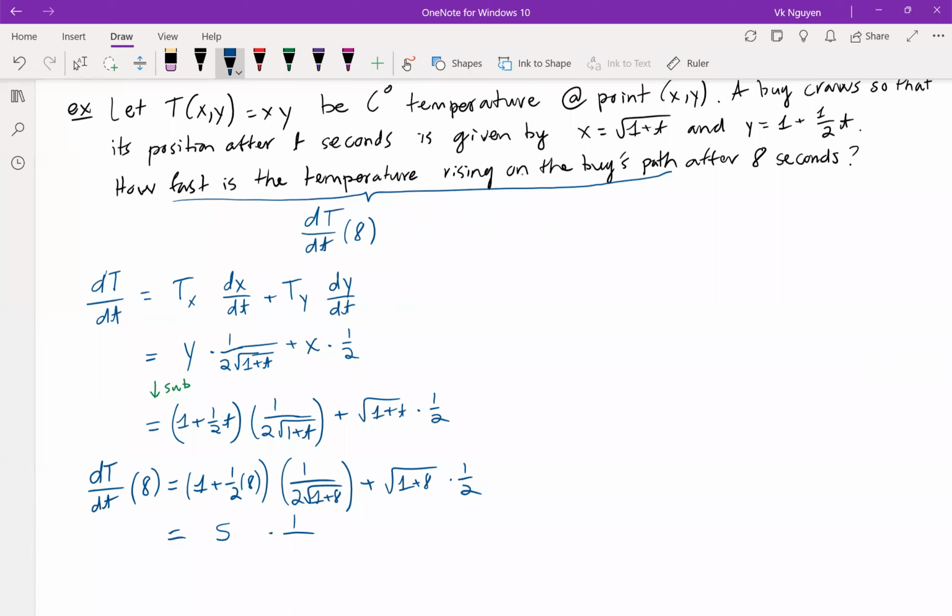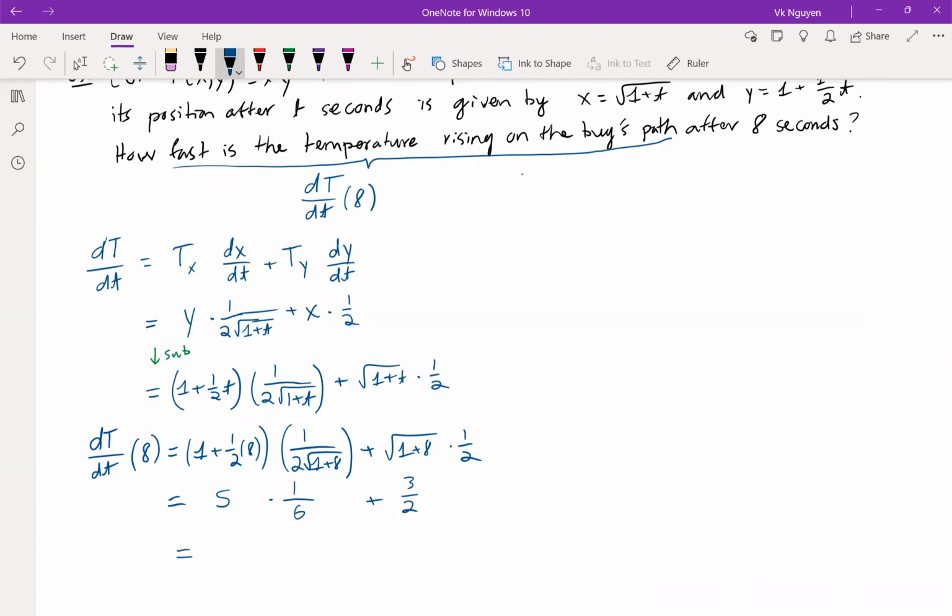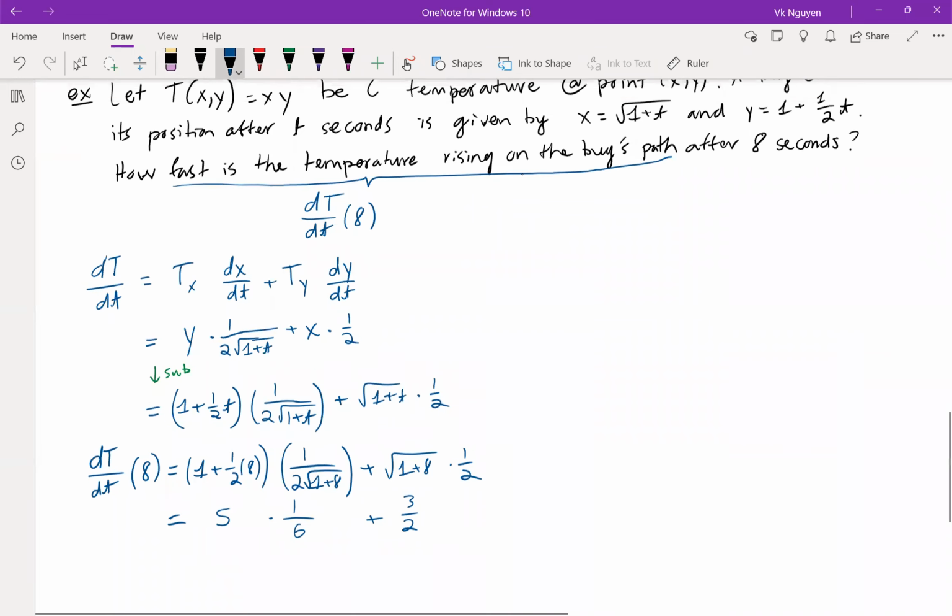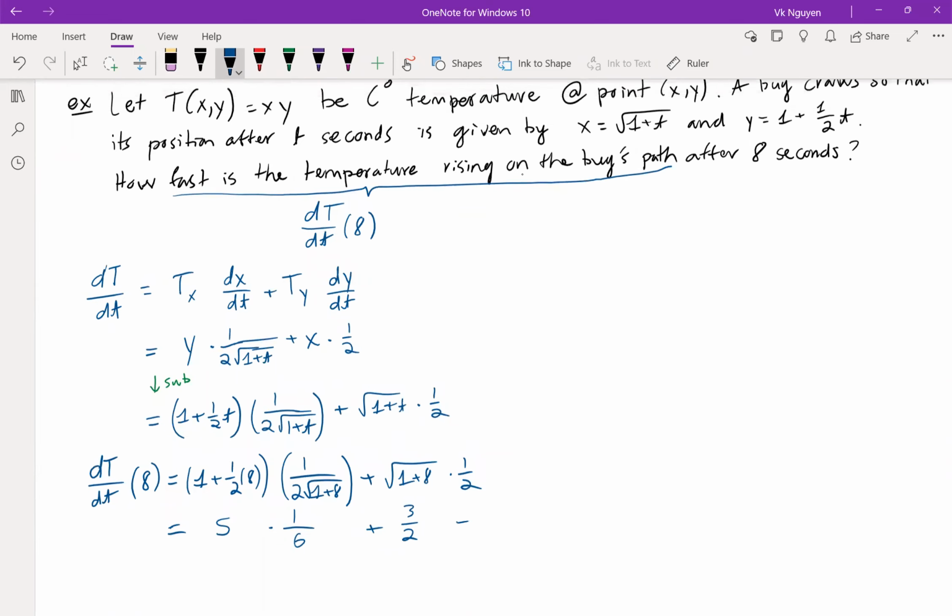We have a 1 over 2 times 3, so that's 3 over 2. So 5 over 6 plus 3 over 2 is 14 over 6. Actually, I want you to see the problem, so I'm going to write right here: 7 over 3 Celsius per second. 7 over 3.